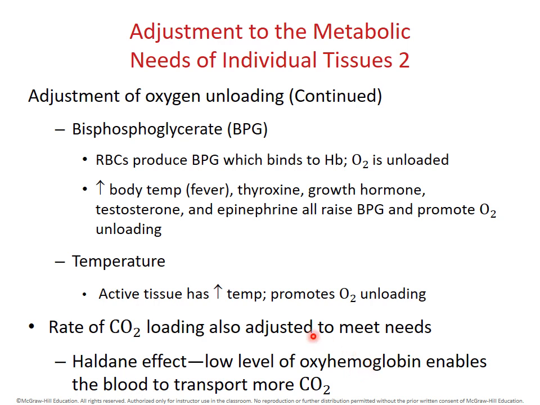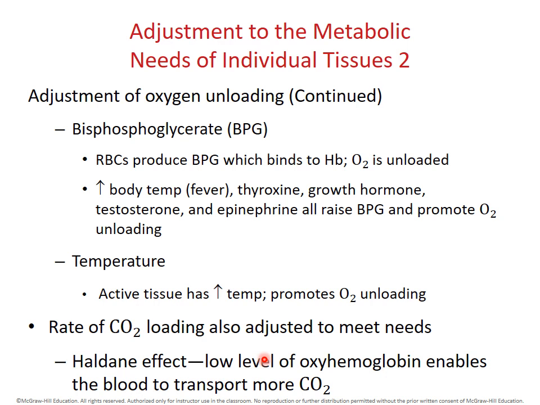And so just when we want the blood to carry more carbon dioxide, when it's in the tissues and levels of oxyhemoglobin are dropping, that's when the blood will bind to more CO2. And essentially, remember what this means is, though oxygen and carbon dioxide don't compete with each other for the same binding site on hemoglobin, they do tend to influence each other. And so the more oxyhemoglobin we have, the less likely we are for it to bind to CO2.